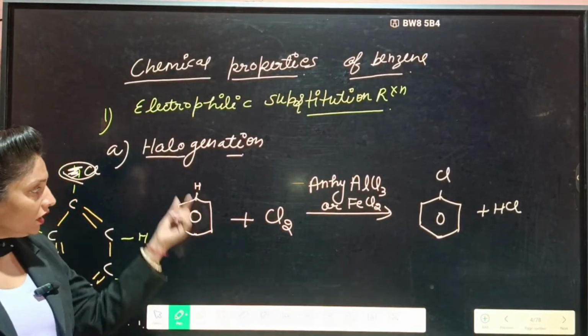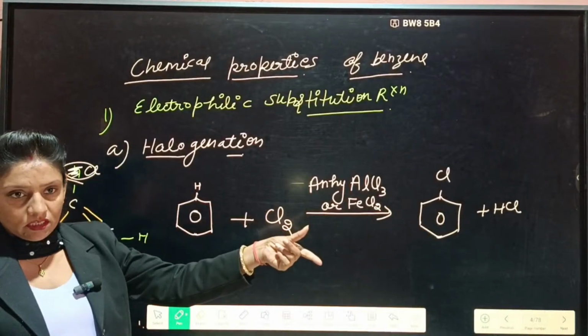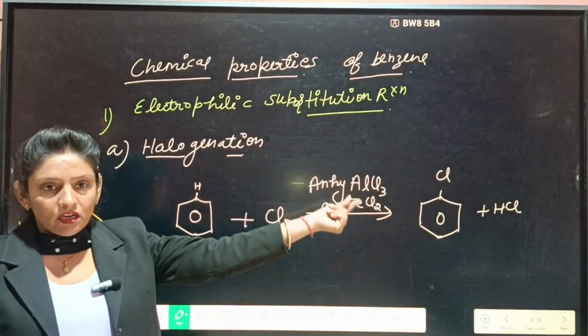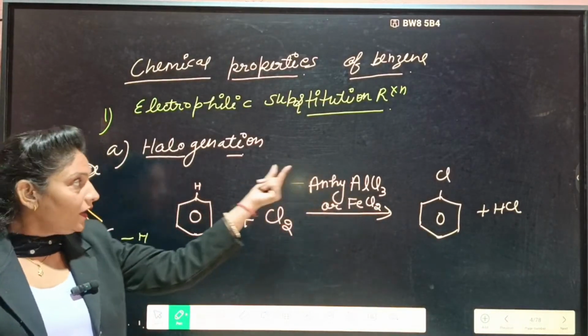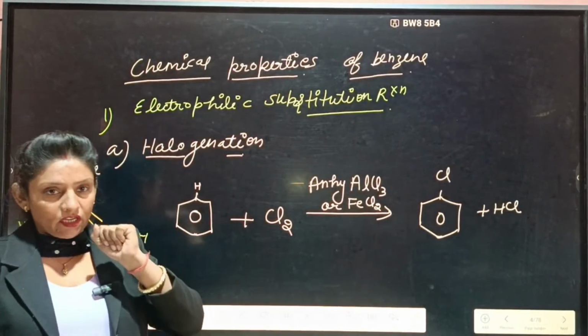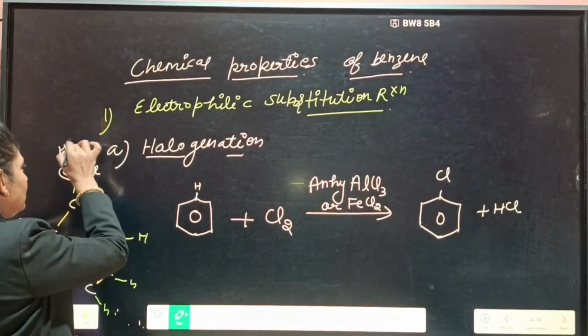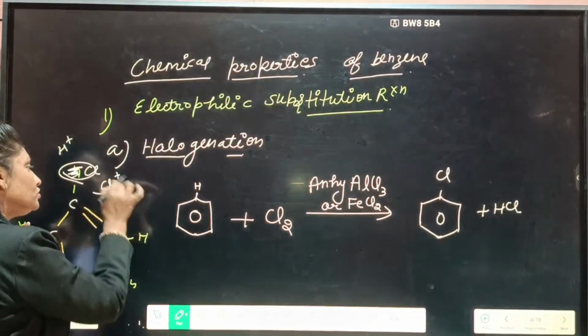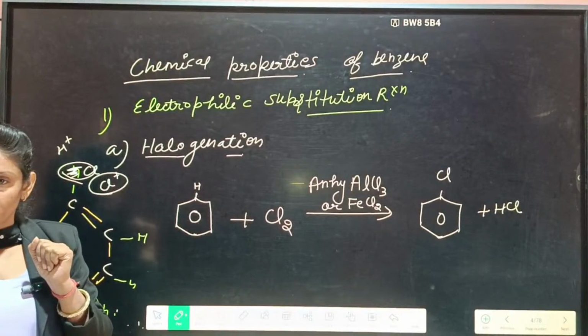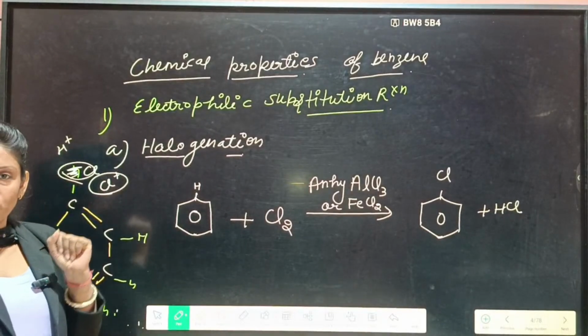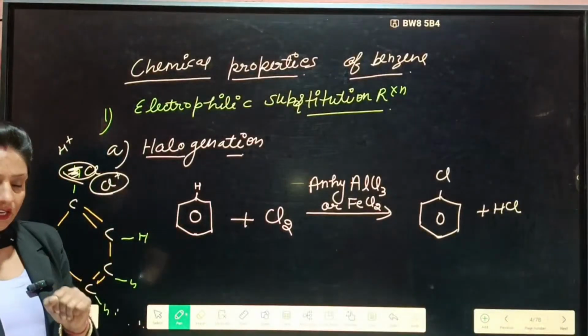So here students, substitution takes place. Chlorine is substituting hydrogen. That's why it is known as the substitution reaction. Here H positive is substituted by Cl positive.